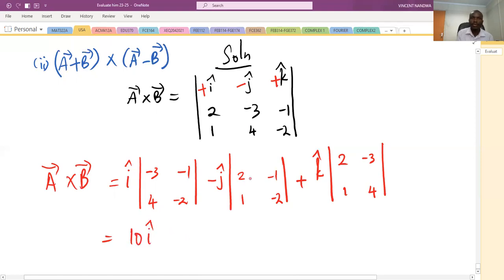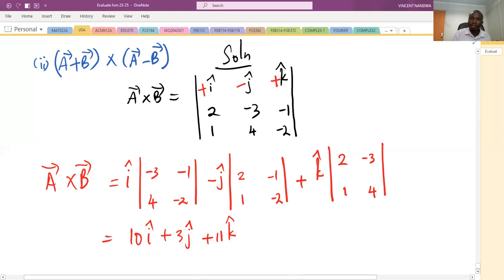And then 2 times minus 2 is minus 4, minus 4 minus minus 1 is minus 3, minus j gives us positive 3j. This will be 8 minus minus 3, that's 11. So the answer would be 10i plus 3j plus 11k.